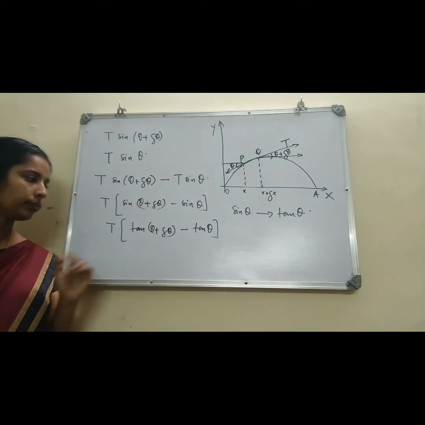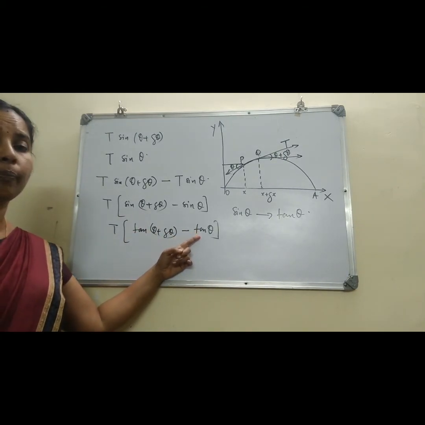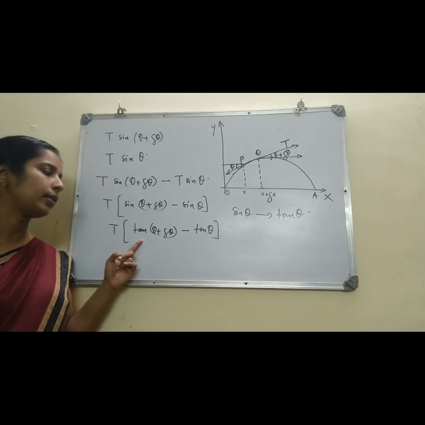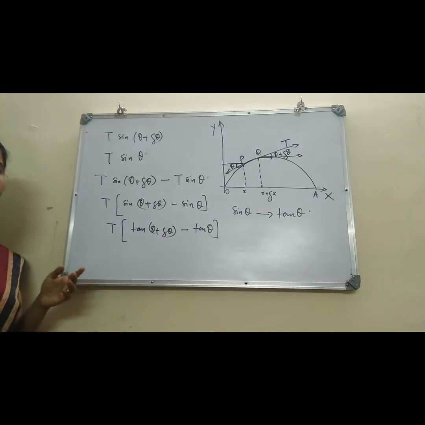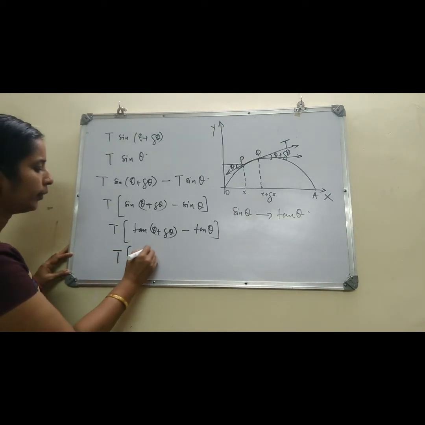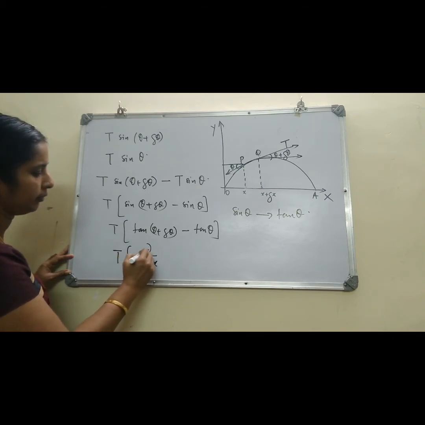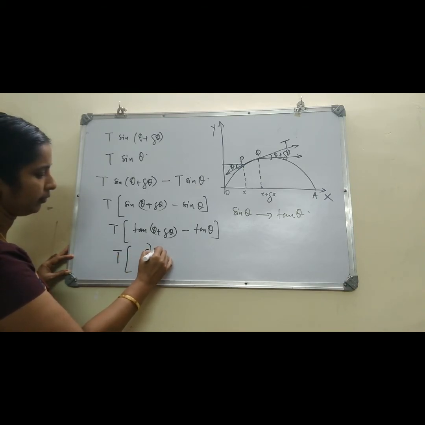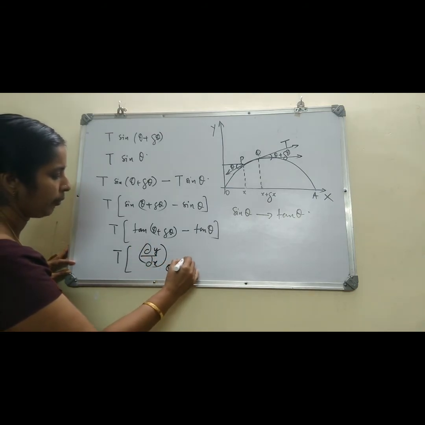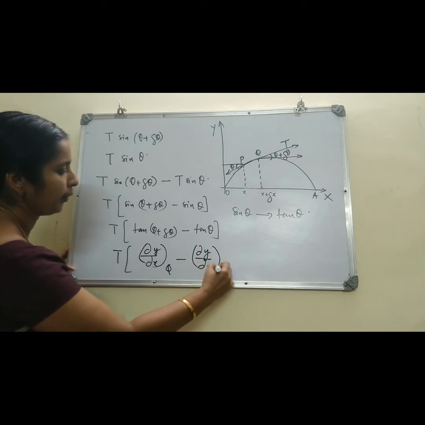Again, tan theta is the slope at P, and tan(theta plus delta theta) is the slope at Q, and slope is its first derivative. So T times [∂y/∂x at Q minus ∂y/∂x at P].